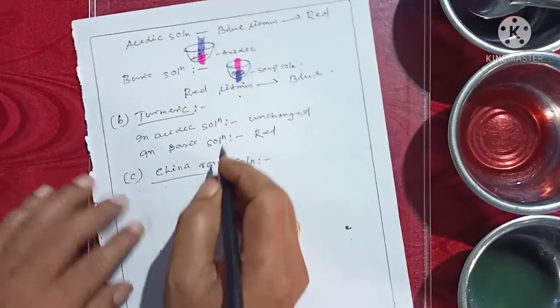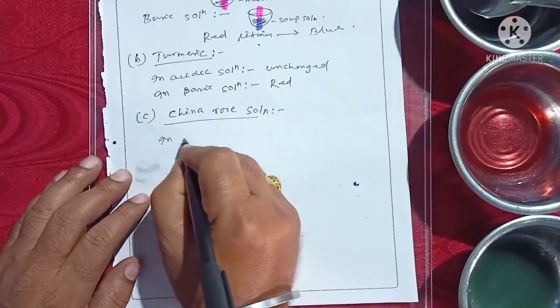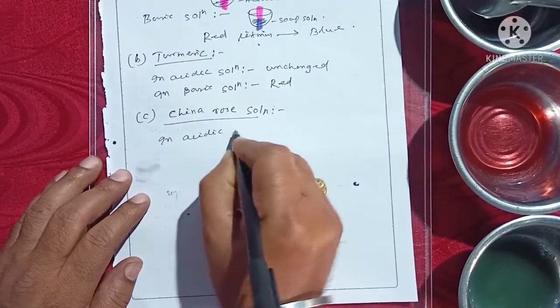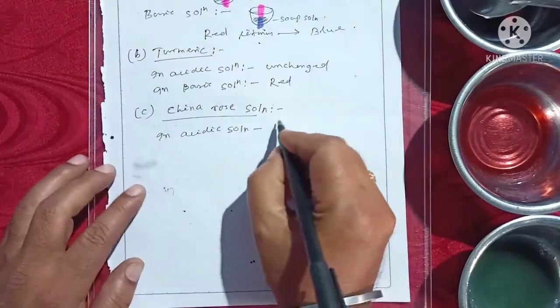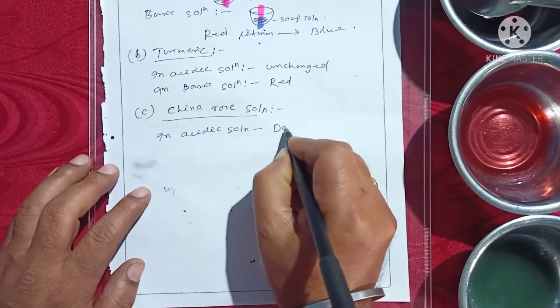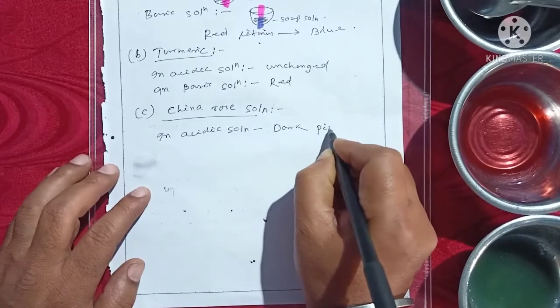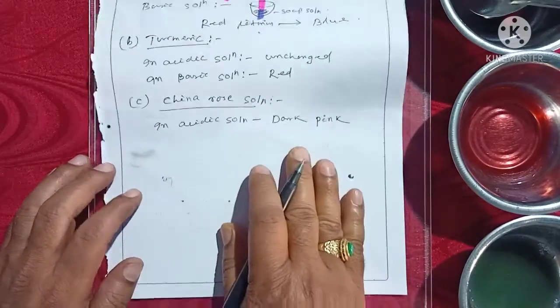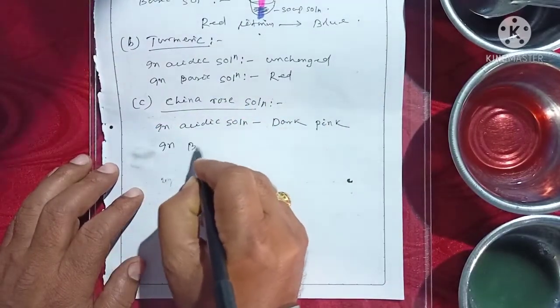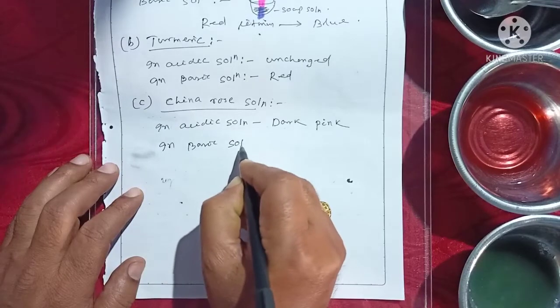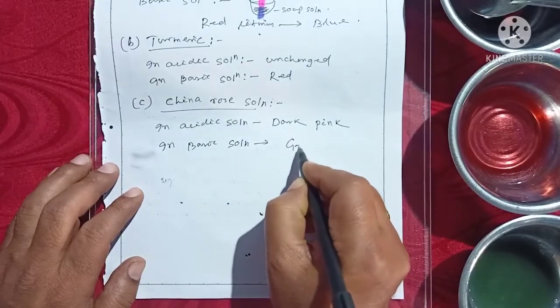So we may conclude here, in acidic solution, when we add the indicator, the color will change to dark pink. In basic solution, the color will change to green.